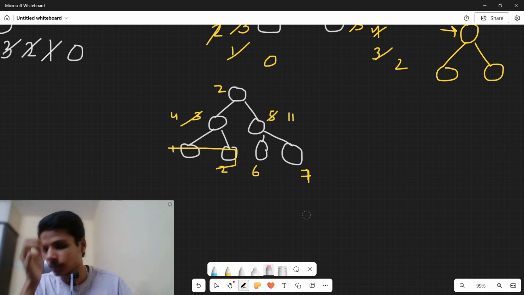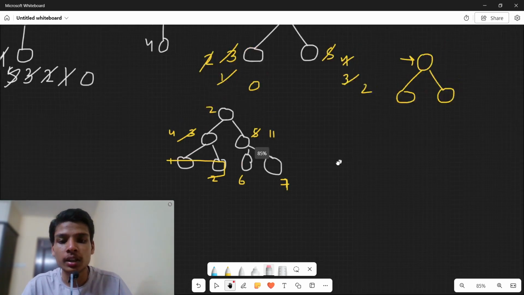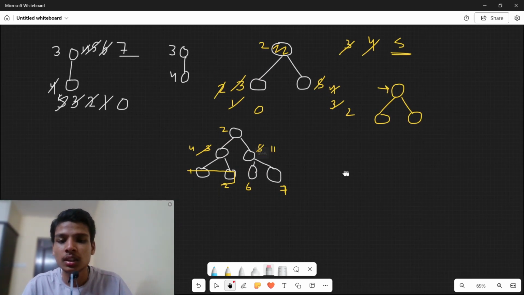Now furthermore expanding the case. I think I have forgotten a case. You have to decrease the root also. For example, you are given a case like this, at this place and this place.